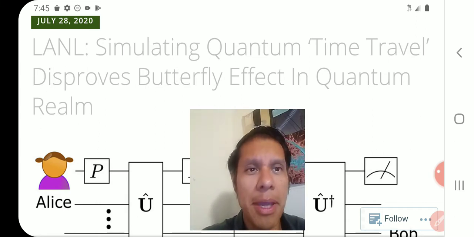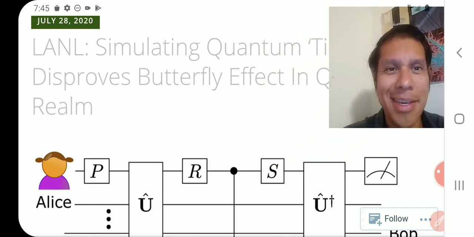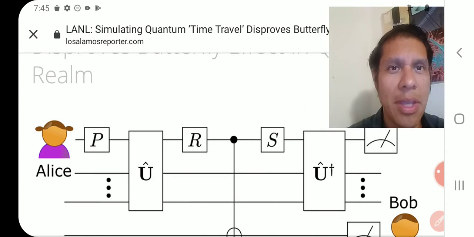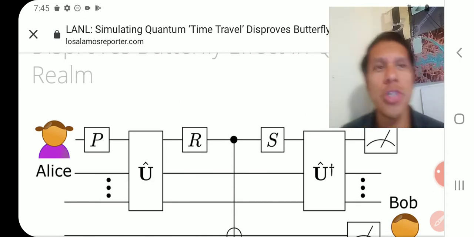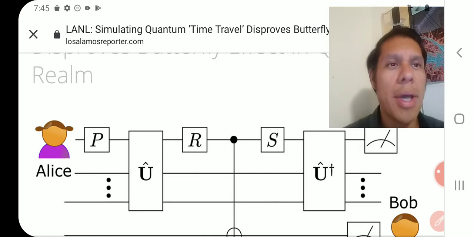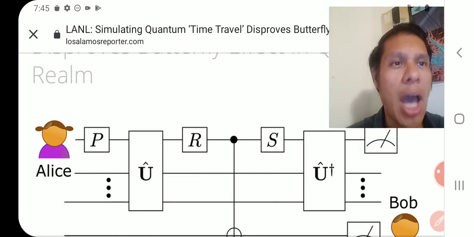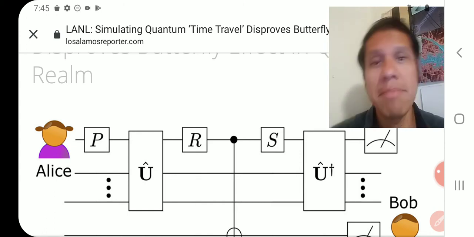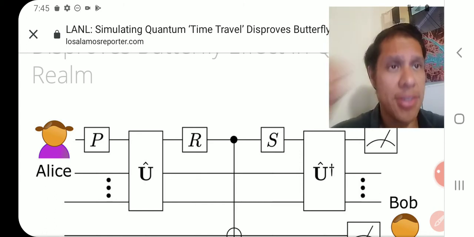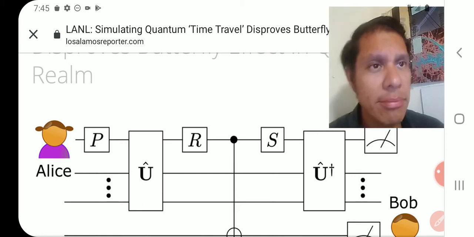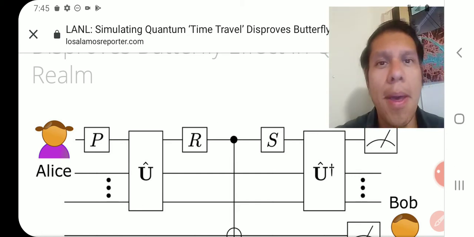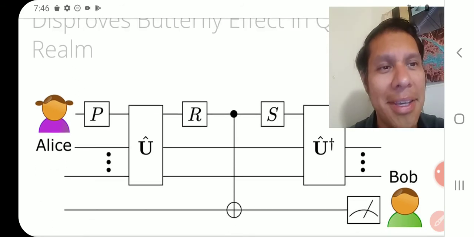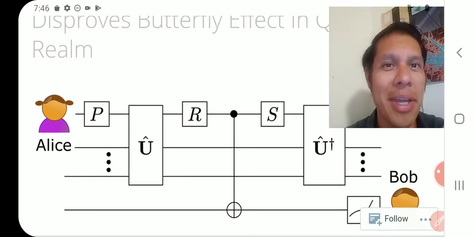What I like about this paper is this figure right here, because it shows you what is going on, exactly how they did their experiment. Typically you see Alice sending information in most quantum schemes, and Bob is the one screwing it up in some ways.